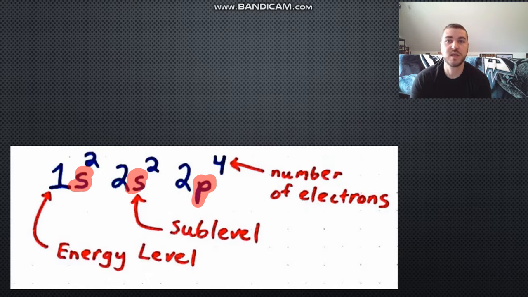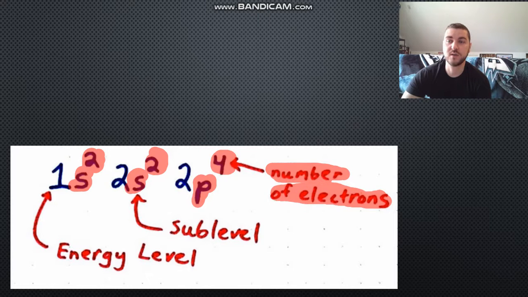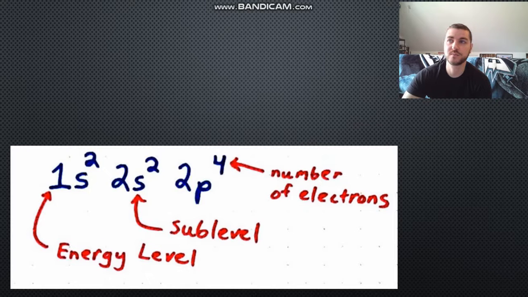So when we look at this example, it tells us quite a bit about this atom. And the last thing that's really important here are these superscripts or these exponents. These are the number of electrons present in these areas. So let's just take a look here at all the information that's given to us in this configuration.